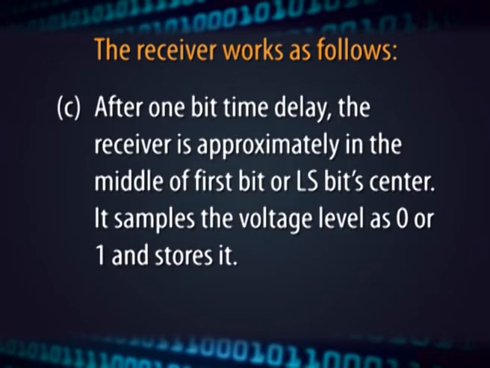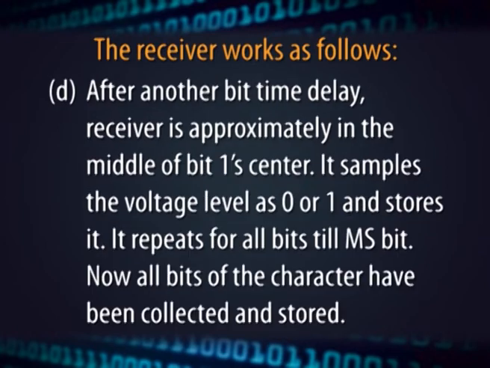C. After 1 bit time, the receiver is approximately in the middle of the first bit or LS bit center. It samples the voltage as 0 or 1 and stores it. After another 1 bit time delay, the receiver is approximately in the middle of bit 1's center. It samples the voltage level as 0 or 1 and stores it. It repeats for all bits till the most significant bit is received.